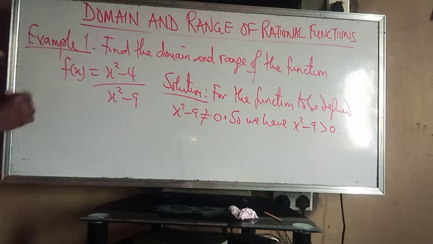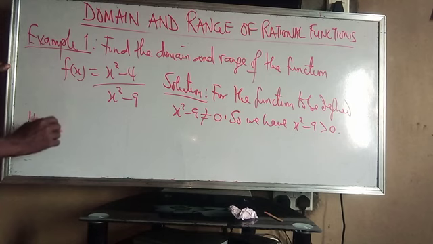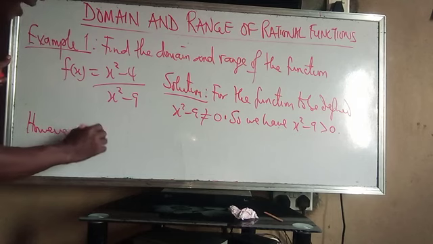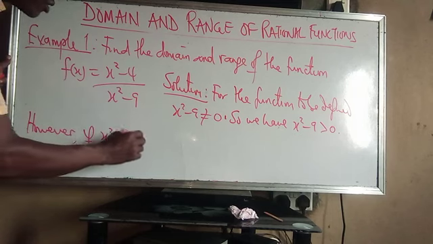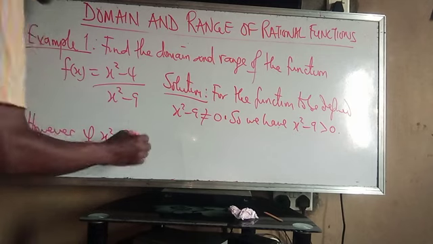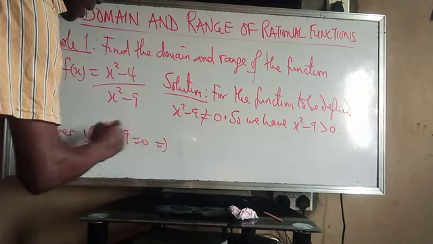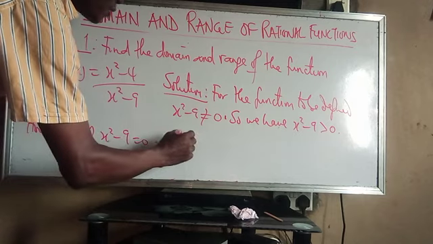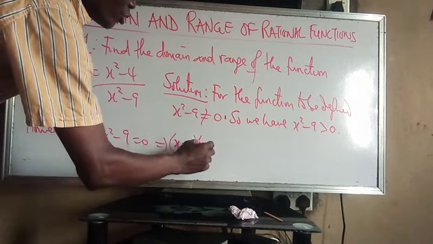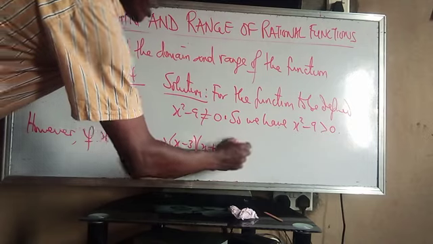Let us exclude the x values that will make it undefined. If x squared minus 9 is equal to 0, what will happen? Factoring this, we have x minus 3 times x plus 3 equals 0.